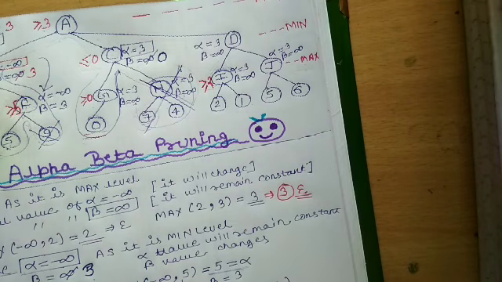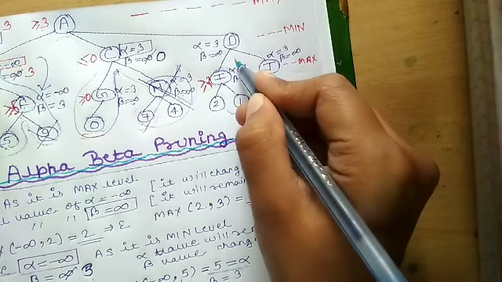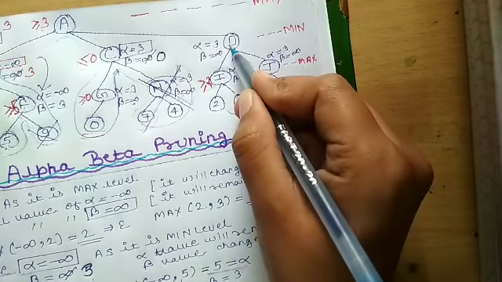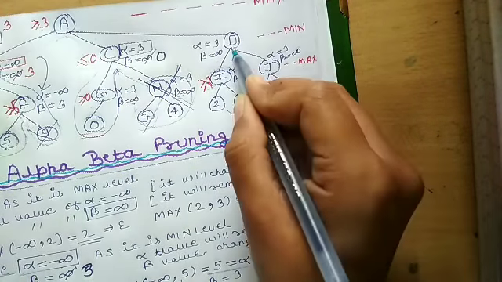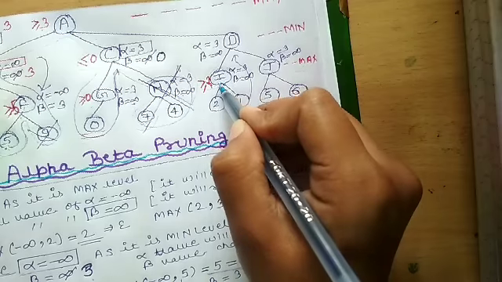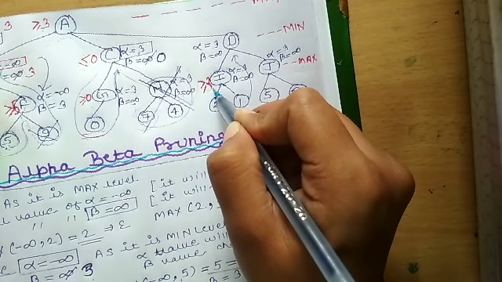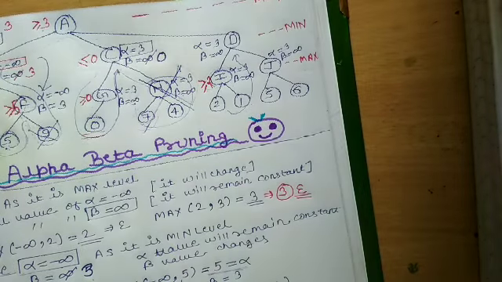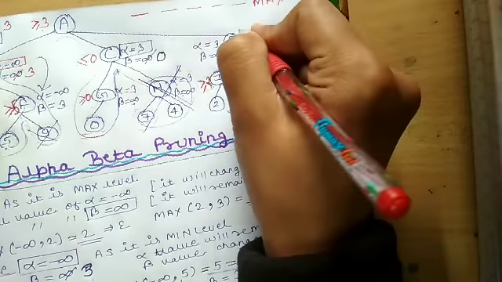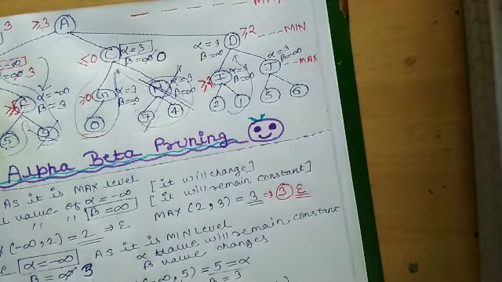After this you have to go in here, and it will find out that this node is explored, this node is not explored. It will take value from here and it will become 2. This node value will become 2, greater than or equal to 2.